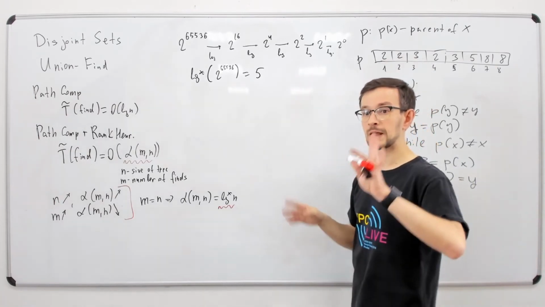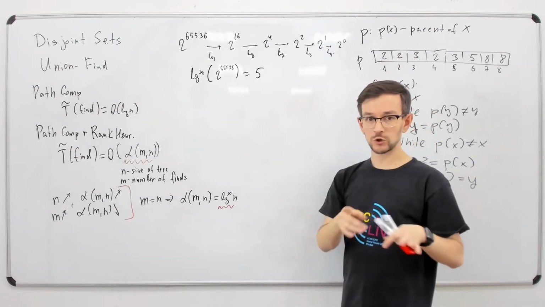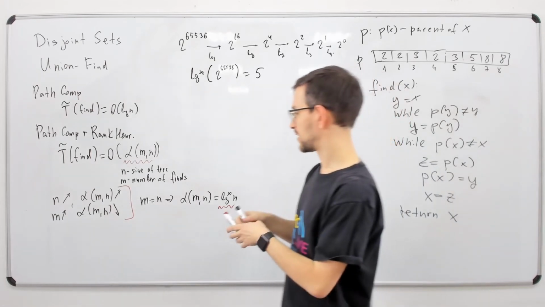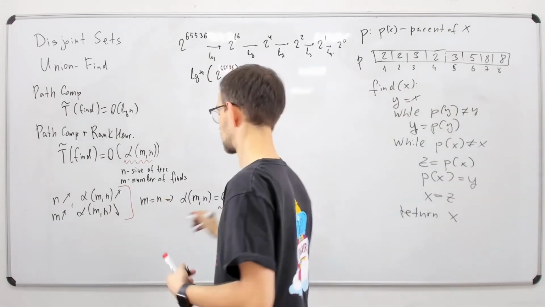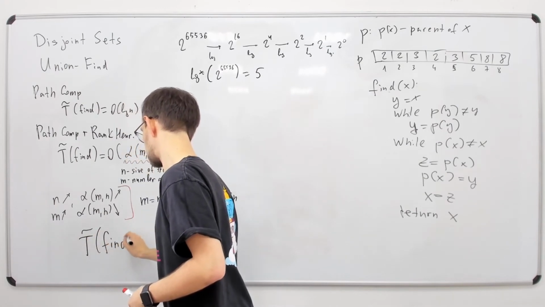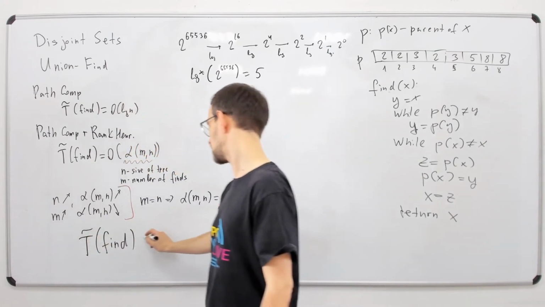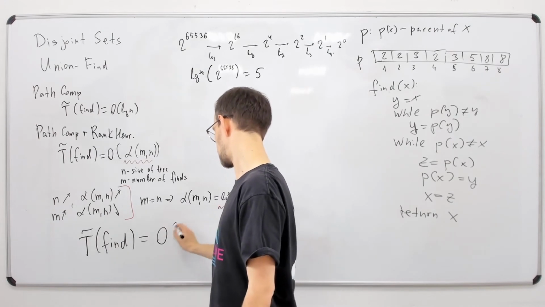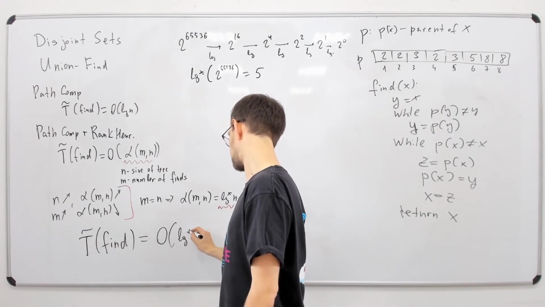That's all. Now, what do I want to prove? I want to prove that the amortized time complexity of the find operation is big O of the iterated logarithm of n.